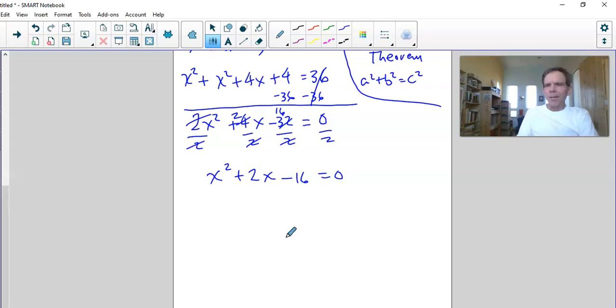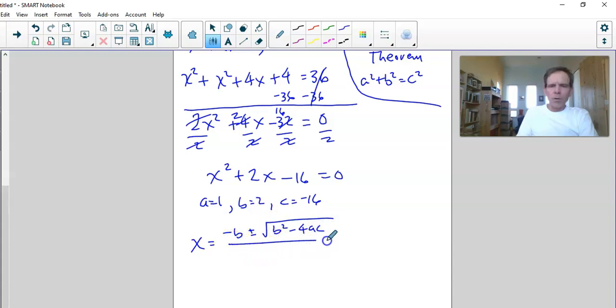What's our next bet? We could complete the square. That's going to be hard. How about using the quadratic formula? So I see a is 1, b is 2, and c is negative 16. The quadratic formula says x is going to equal negative b plus or minus the square root of b squared minus 4ac, all over 2a.